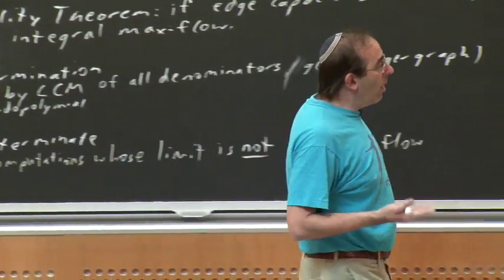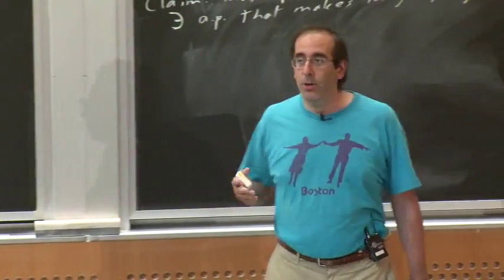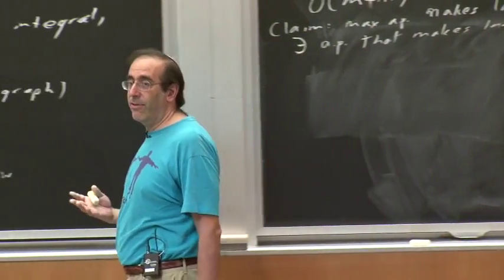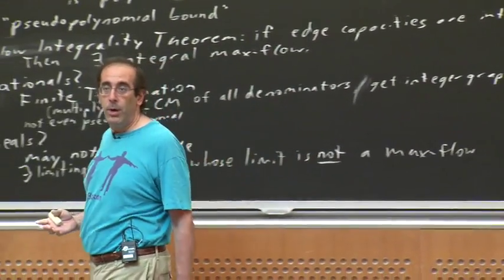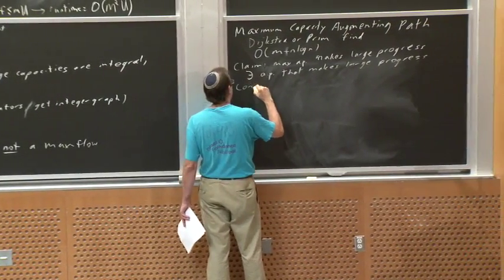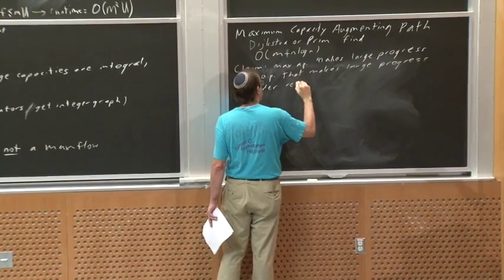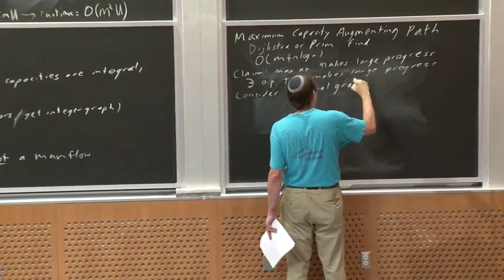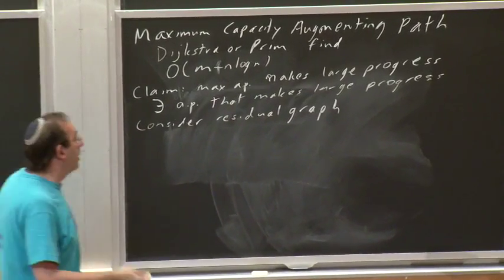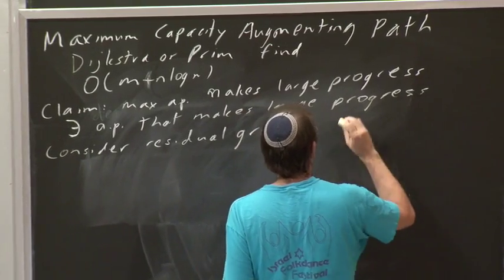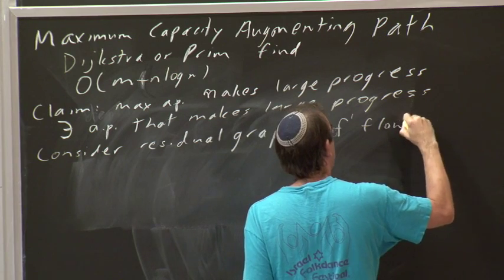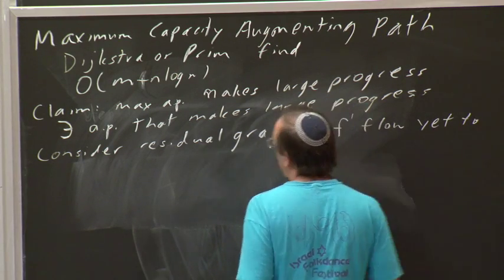So if all we know is that we have this flow yet to be computed, how can we argue that there is some path in that flow that has a lot of flow on it, that has a lot of capacity left? Well, we're just going to go back to our decomposition. Okay? So let's consider the residual graph. Okay? We found a flow so far. Okay? And the residual graph has, let's call it f prime, flow yet to be found.